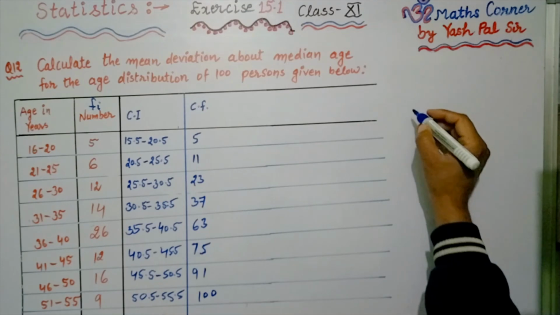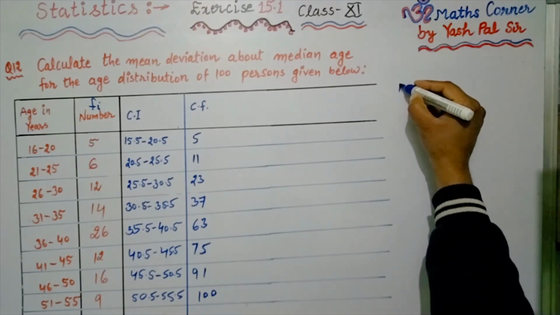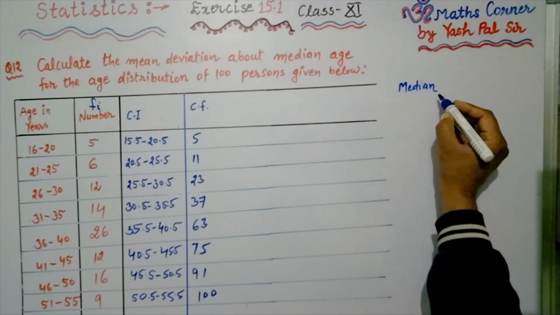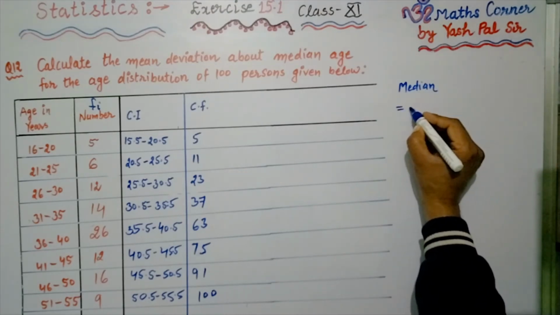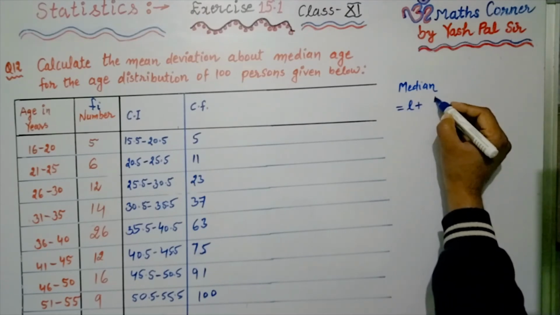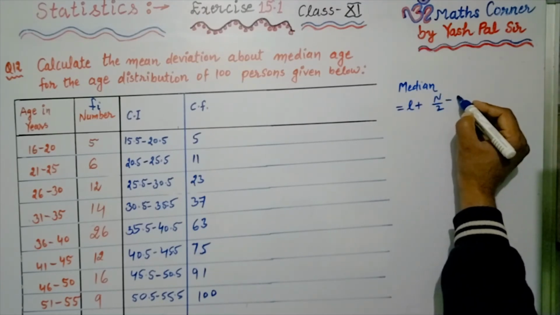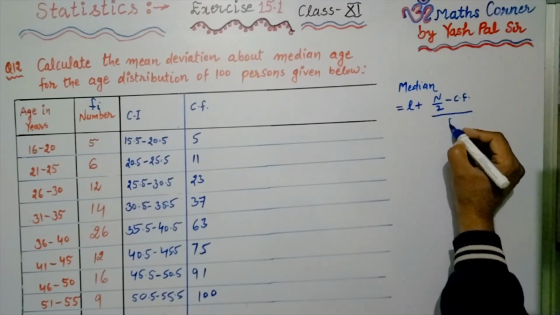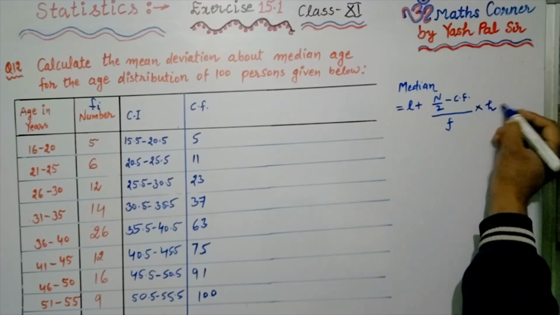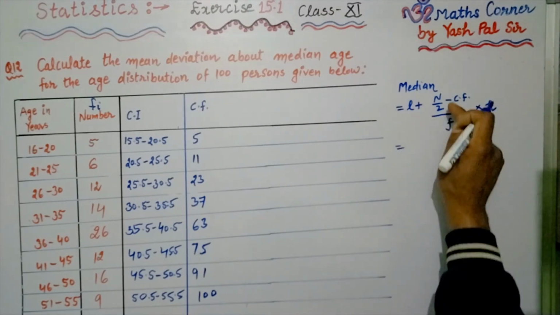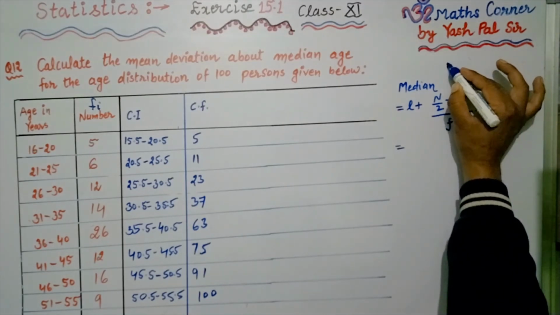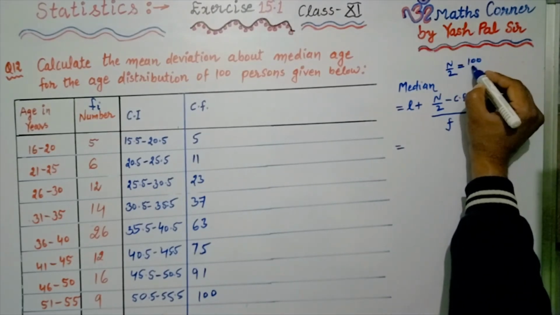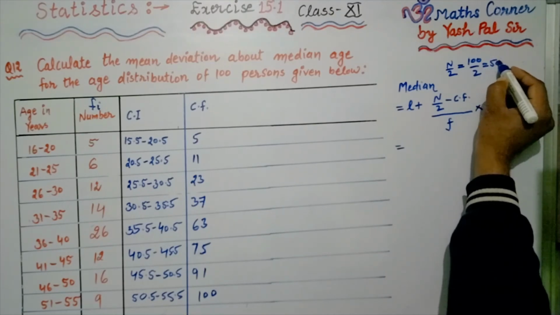Now the question is how to find the median. The formula is L plus (n by 2 minus cumulative frequency) divided by frequency, into h. First of all, n by 2: n is 100, divided by 2 becomes 50.